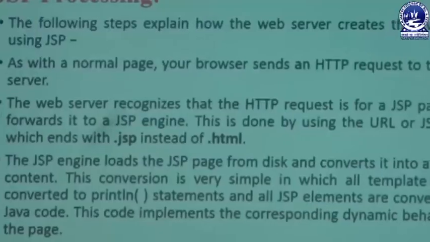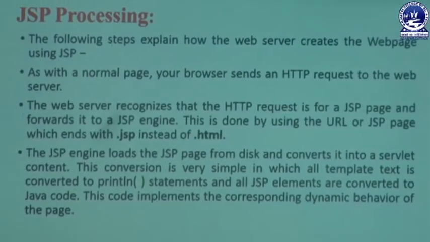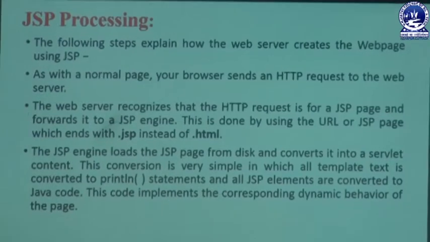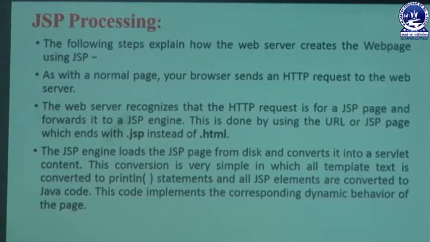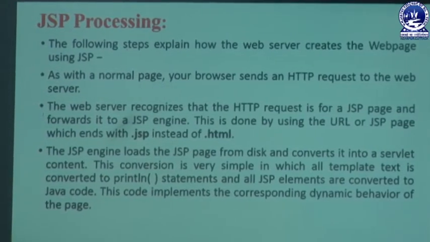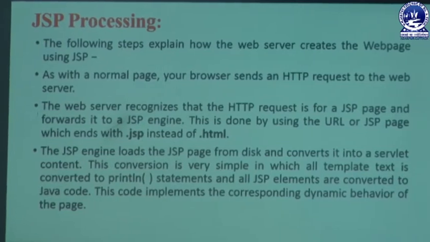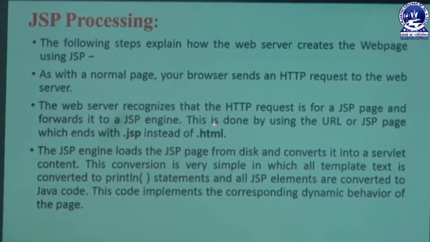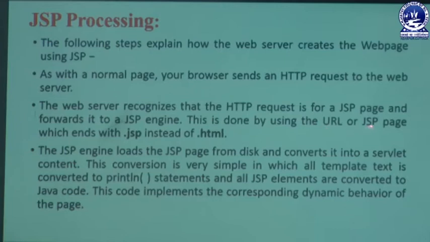Next we can learn that the web server recognizes that the HTTP request is for a JSP page and forwards it to a JSP engine, and this is done by using the URL, uniform resource locator, of a JSP page which ends with .jsp instead of an HTML page.